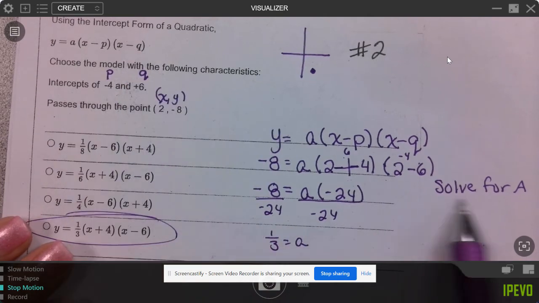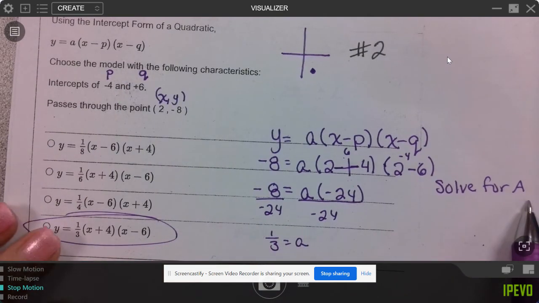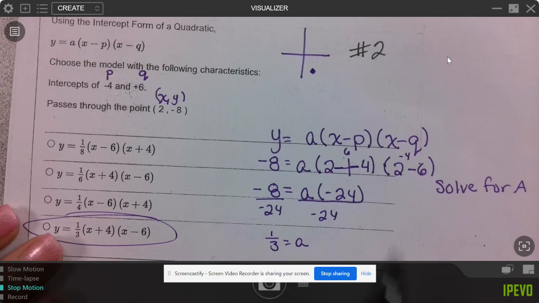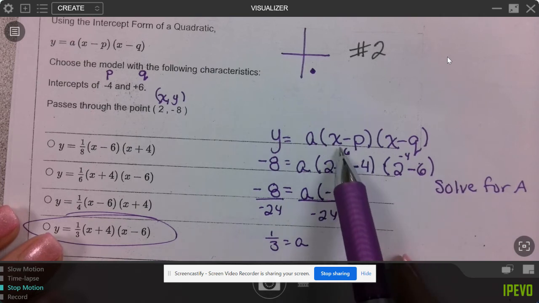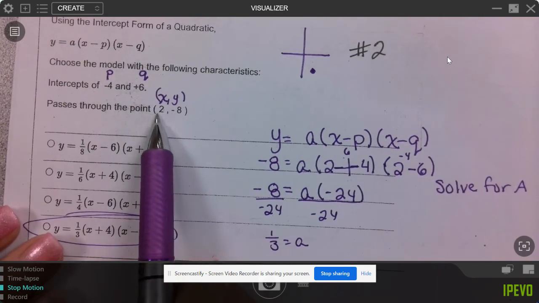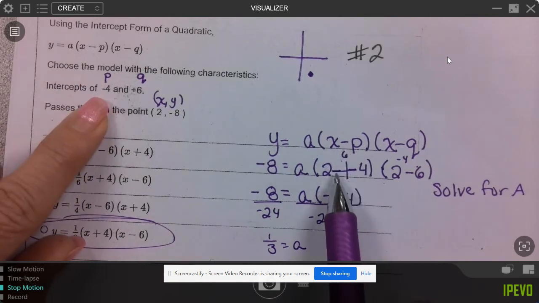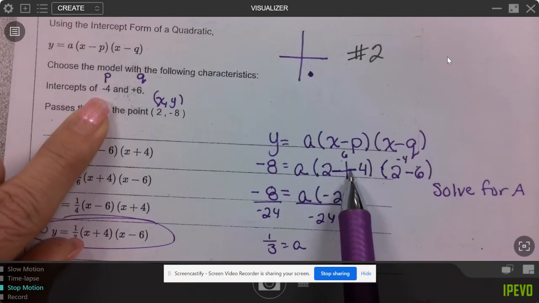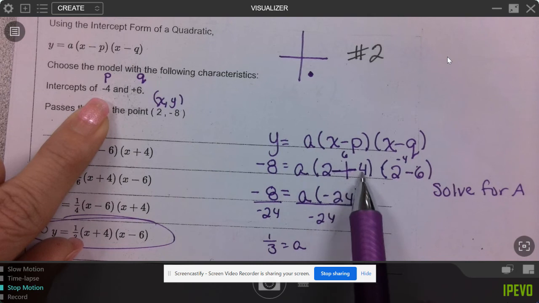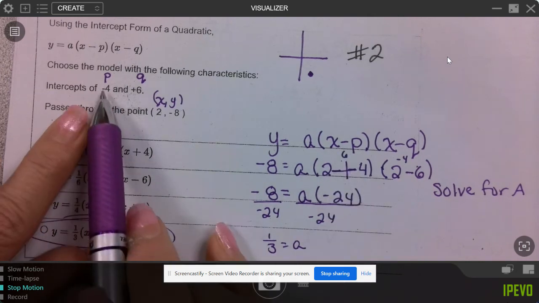So I am going to solve for a. And when I plugged in, it was very important that you realize that when you put in your x minus p, that you had a minus negative. So watch those signs. So it was minus negative 4.